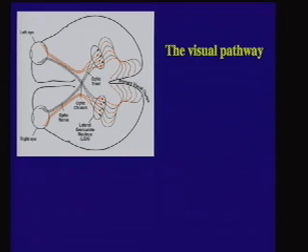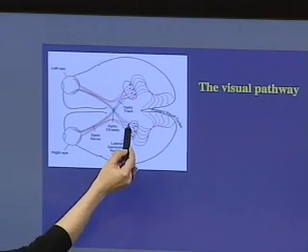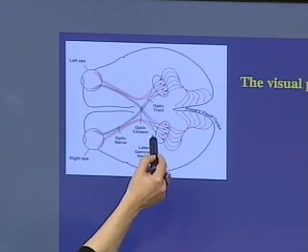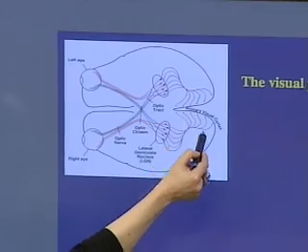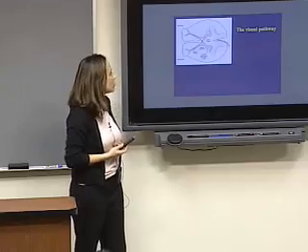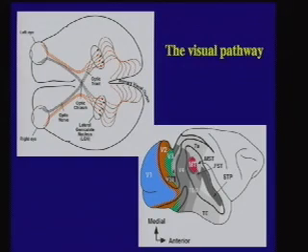The retina projects to a thalamic nucleus in the middle of the brain called the lateral geniculate nucleus, or LGN. Projections from the LGN reach the first cortical stage of visual processing, the primary visual cortex, or V1. From V1, there are a number of other visual cortical areas.